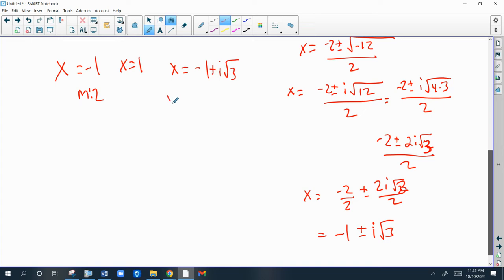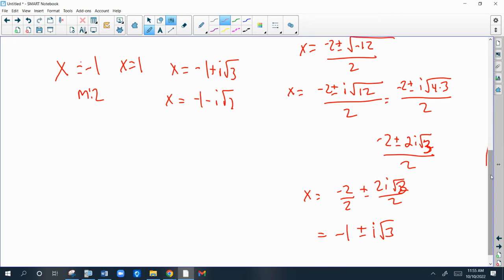And the last one is x equals -1 minus i root 3. Those are called complex conjugates. Complex zeros always occur in conjugate pairs, as we know. So we do have 1, 2, 3, 4, 5 complex zeros.